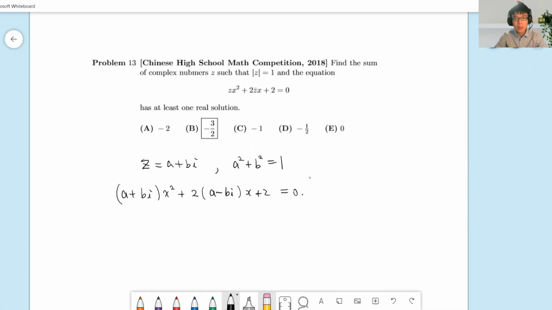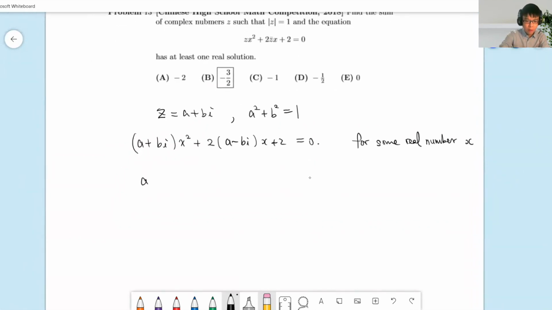Now let's suppose this x is real, say for some real number x. So here we can separate the real part and the imaginary part. We should have a x squared plus 2ax plus 2, that's the real part because x here is real, and then plus the imaginary part, i times (b x squared minus 2bx) equals 0.